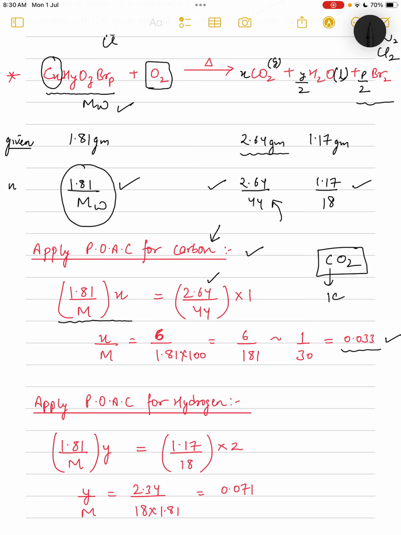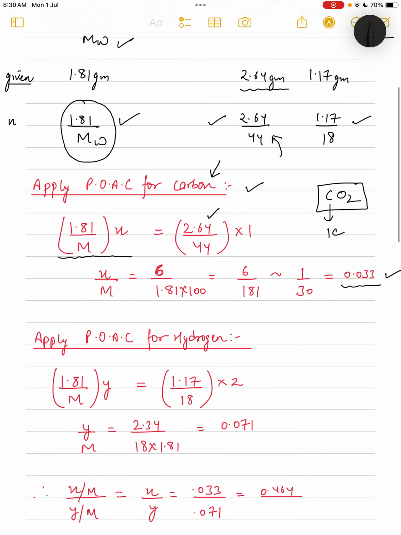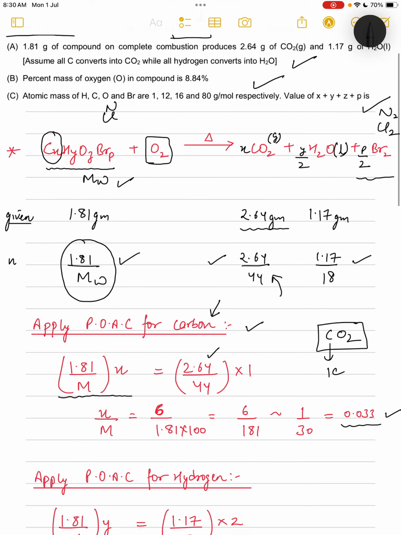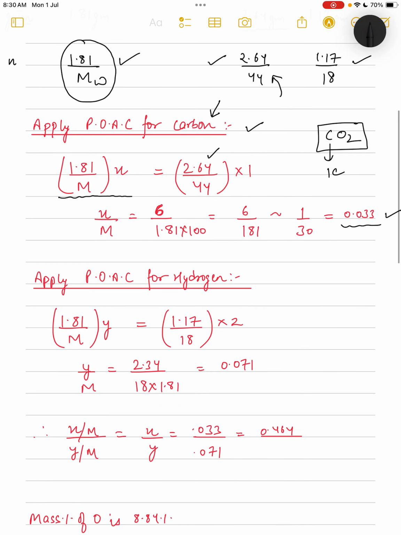Similarly, we will apply POAC for hydrogen also. Now, if you look at the organic compound, 1 mole of it contains y moles of atoms of hydrogen, right? So, how many total hydrogen atoms are there in the given amount?